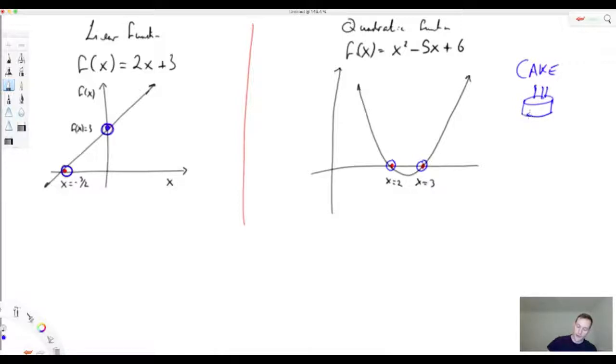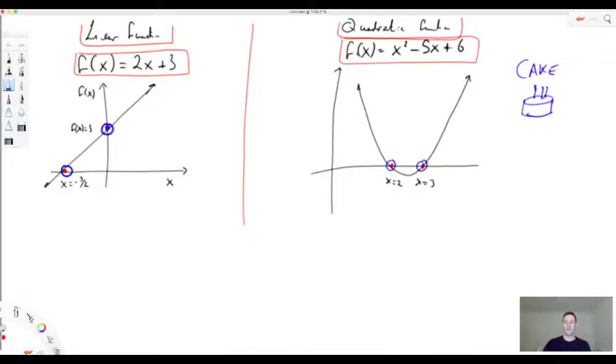We want to now look at the two functions we found, this linear function that we found here and the quadratic function. Let's talk about these two examples in this real world case.